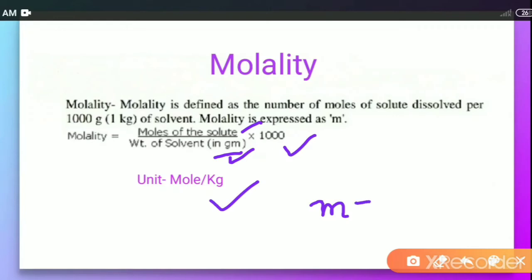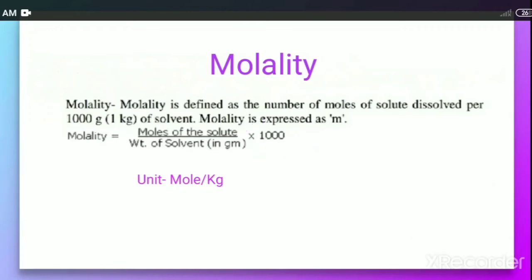Small letter m is equal to number of moles of solute divided by the mass of solvent, that means W, mass of solvent in kgs. But whenever it is given in gram, you need to convert into kg. Therefore, we are multiplying with 1000 when the mass of solvent is given in grams.